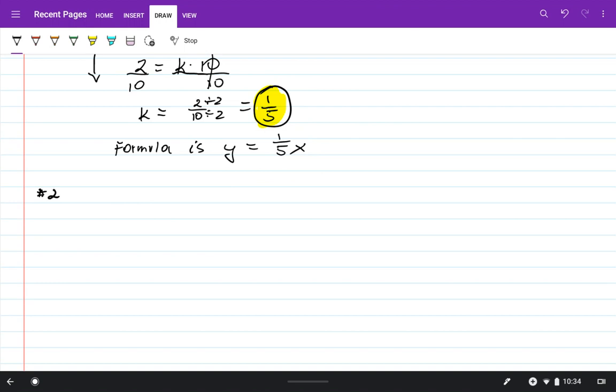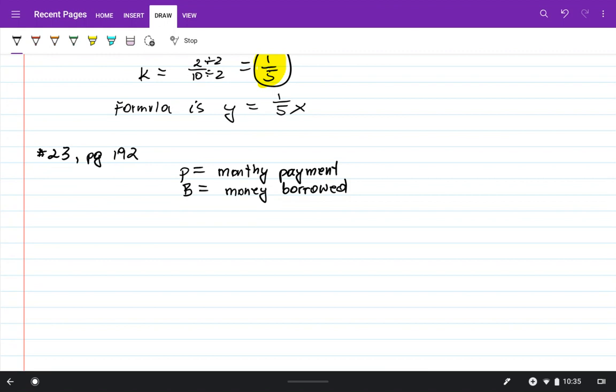It's number 23, page 192. Okay, so we have two variables. P represents the monthly payment, and B represents the amount we borrow, the money borrowed.